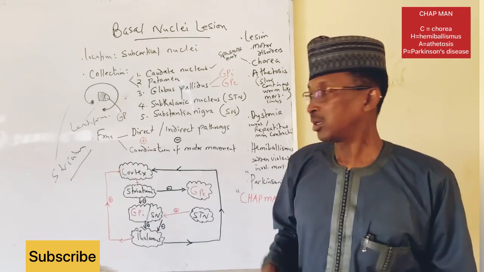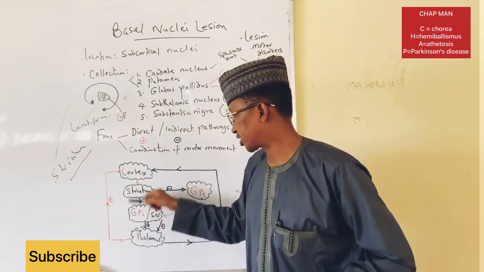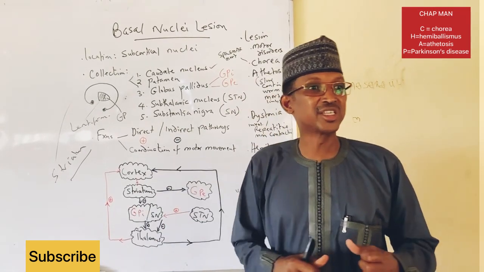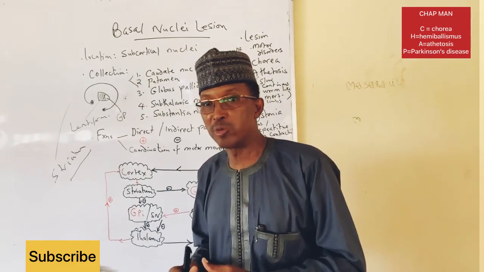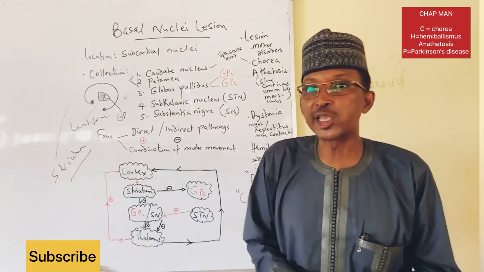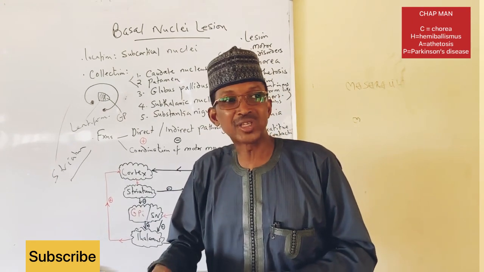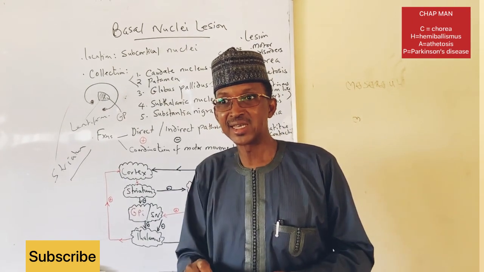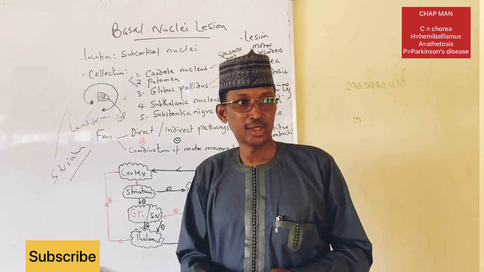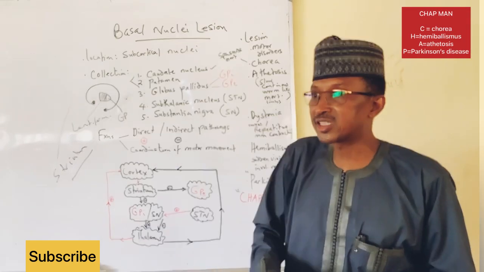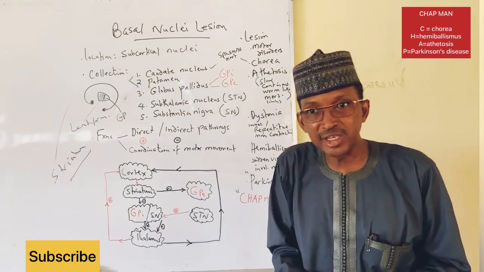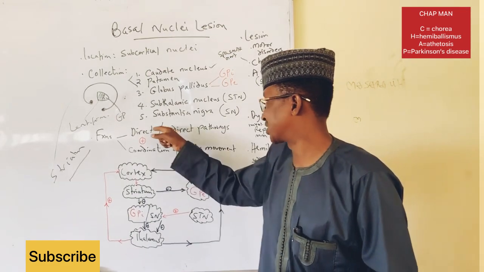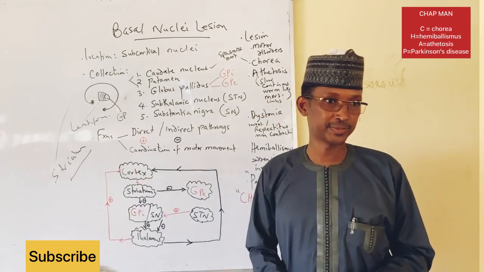You get it? The direct pathway is responsible for initiation of our motor movement. That means kick starting. It's just like when you have a car, you want to start it. You have to put the key and then you start it. So you kick start it. So the kick starting of our motor movement, that is initiation of our voluntary motor movement, is through this direct pathway.